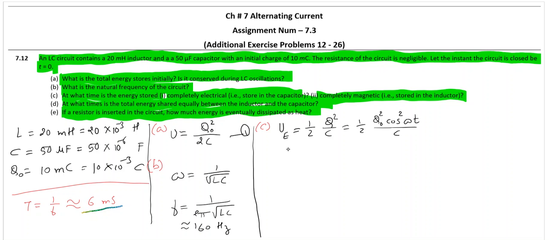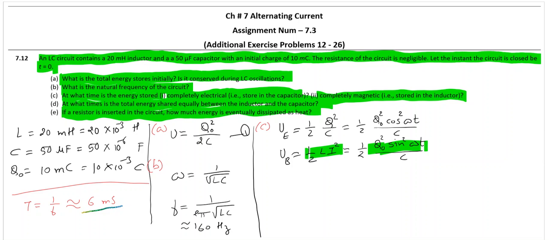And similarly, for the inductor, the formula is half L i square, that is half Q0 square sine square omega t by C. You'll need to do a little bit of math to reach from this formula to this one, or else you can check the previous video. In the last illustration, this formula was derived and explained there. I'm not repeating that. You may go through it.